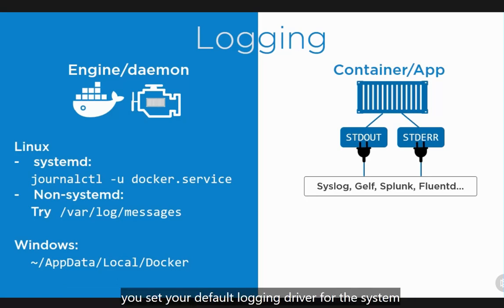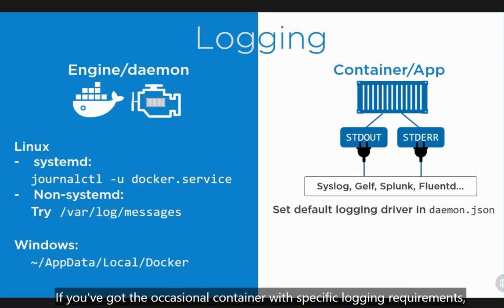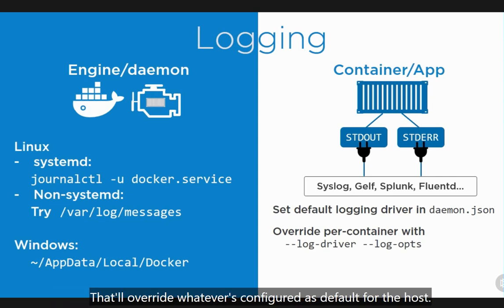You set your default logging driver for the system via the daemon.json config file. Then, any new containers will start using that driver. If you've got the occasional container with specific logging requirements, no sweat. Just give it the --log-driver and --log-opt flags when you come to start it. That'll override whatever's configured as default for the host.